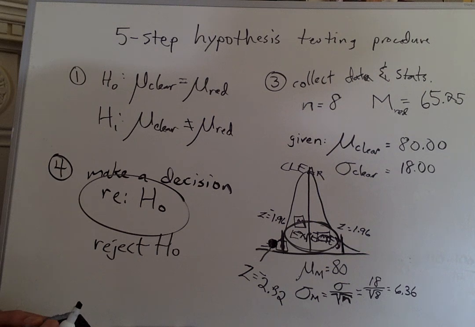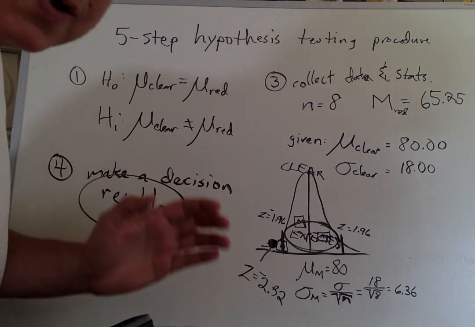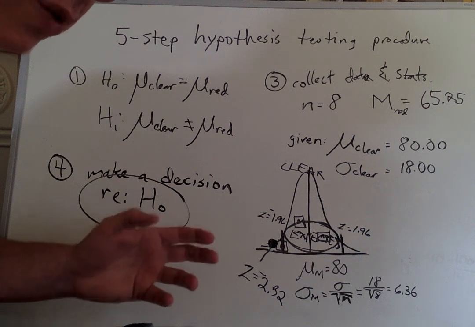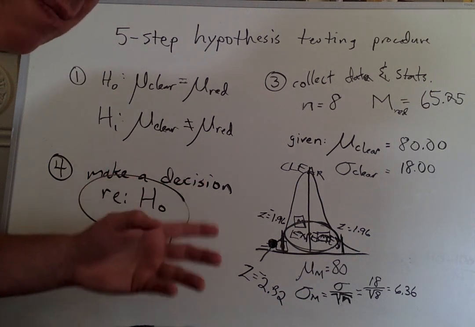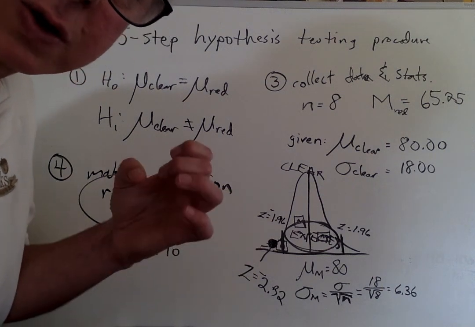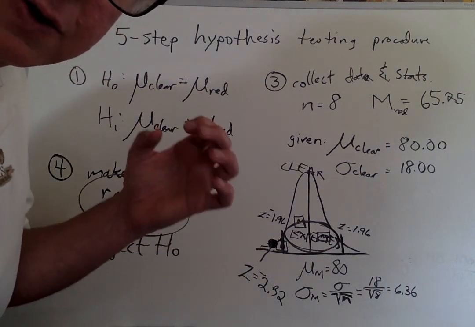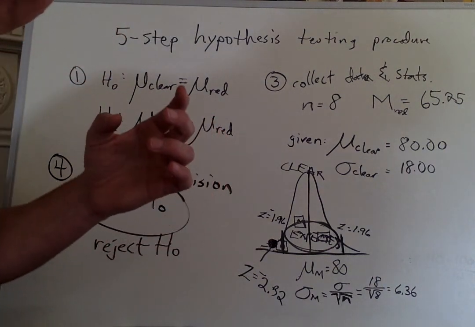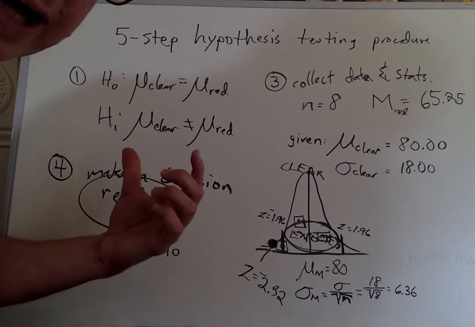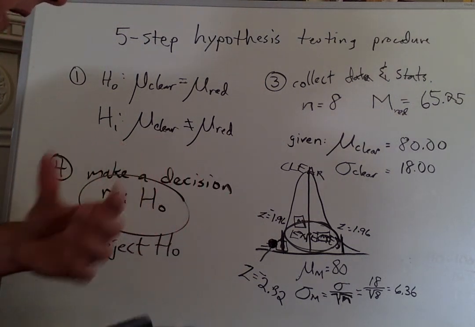All right? Step 5, which I think is, in a way, the step that people are going to see when you report your findings. This is what you're going to see in the journal article. And if you've had any experience reading journal articles, you'll recognize some of this stuff, okay?